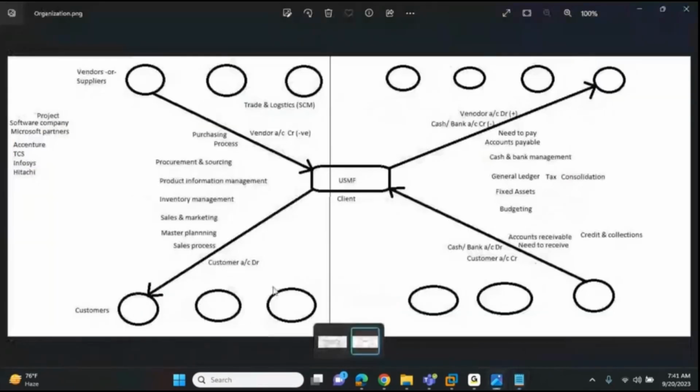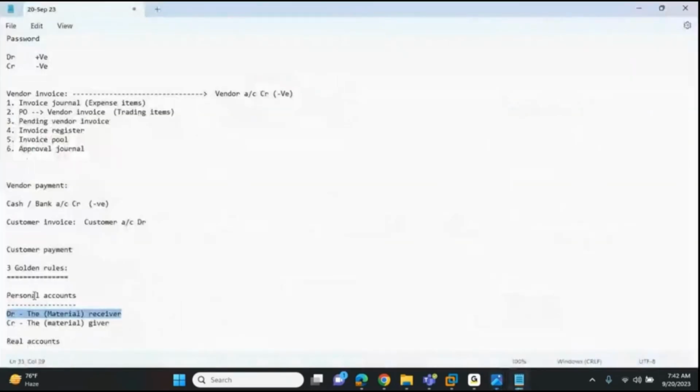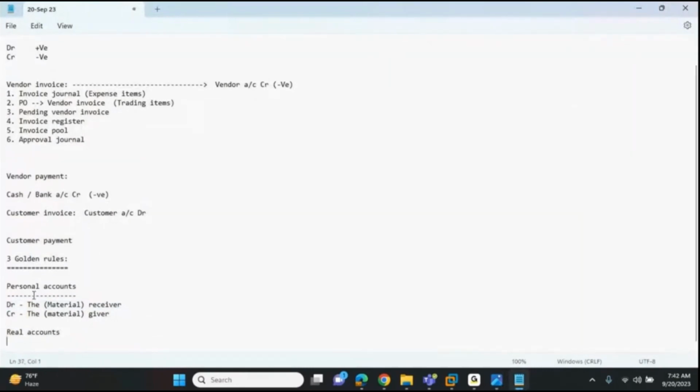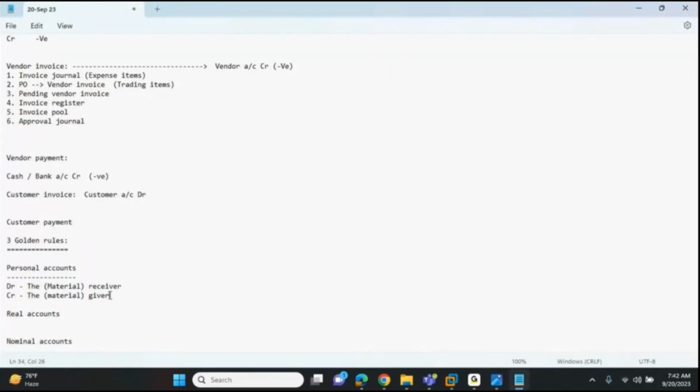So here, the receiver, the material receiver. Who is receiving material? Customer is receiving from us. The giver, who is giving? Vendors. So who is receiving from us? Customers. That's what this rule says.